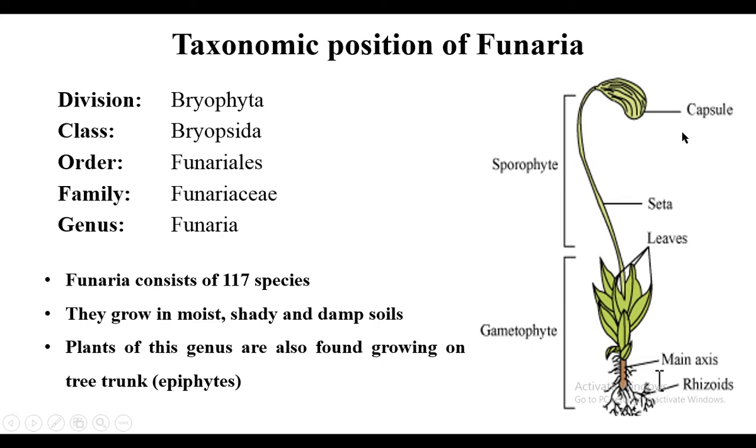Inside the capsule, haploid spores are produced, that are liberated out, and they germinate to produce the gametophyte plant body. So Funaria consists of 117 species.